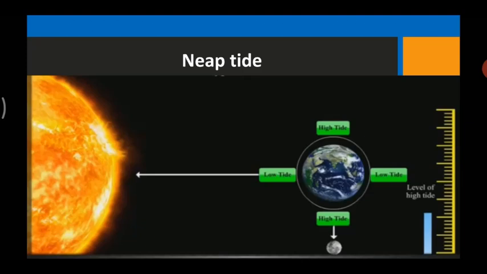They are at right angles to each other, and such tides are called neap tides. Neap tides are a little lower than the average high tides and a little higher than the average low tides. So in neap tides, the high tides are a little lower, whereas the low tides are a little higher.